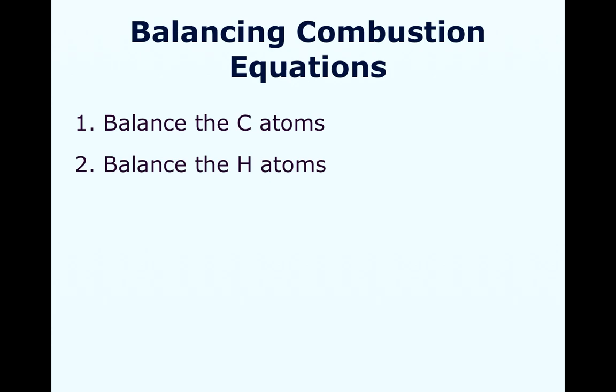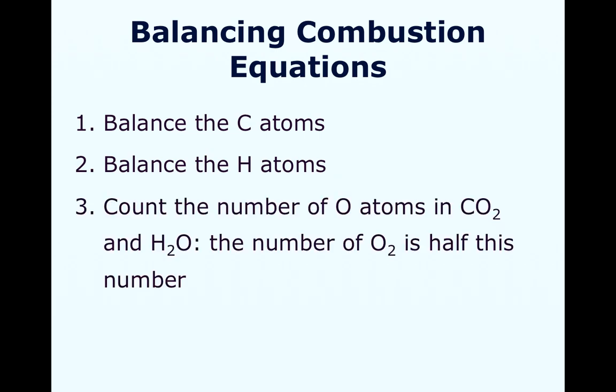The next step is balancing the hydrogen atoms. For every two hydrogen atoms in the alkane, there will be one water molecule formed. The next thing is to count the number of oxygen atoms in all of the carbon dioxide and water molecules that will be formed in your reaction.